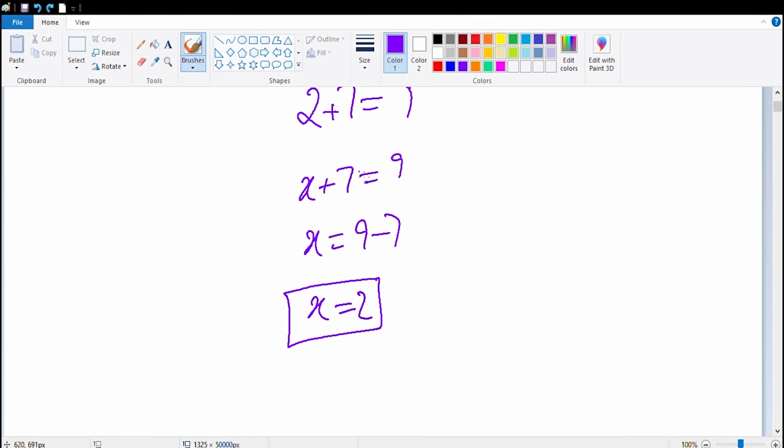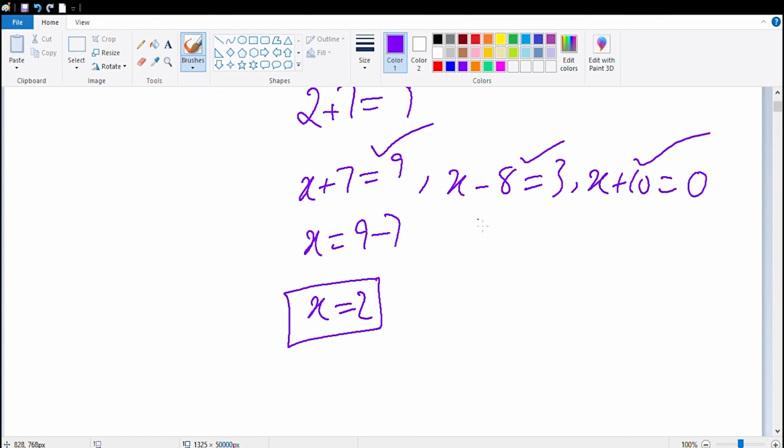Now, here we can see that x plus 7 is equal to 9, or if we have something like x minus 8 is equal to 3, or x plus 10 is equal to 0, something like this. All three of these are linear equations.